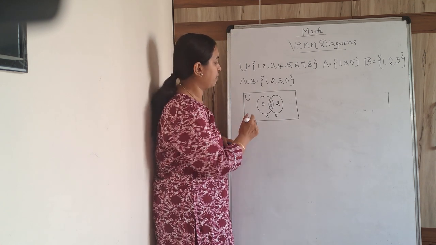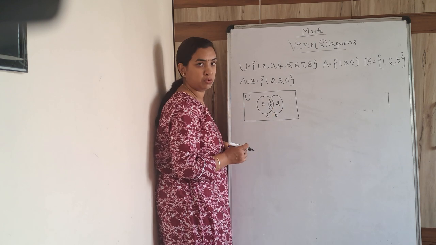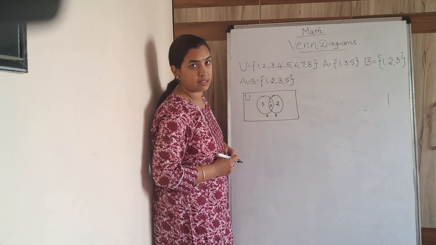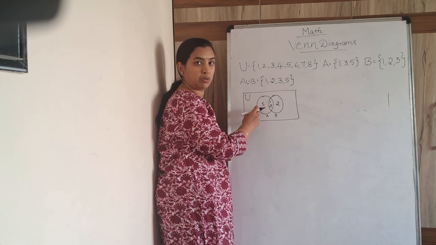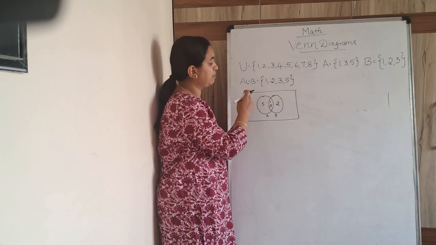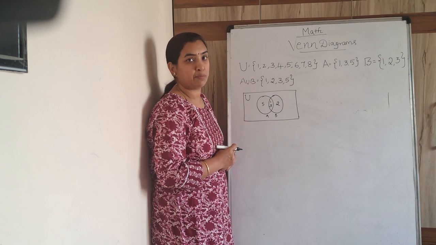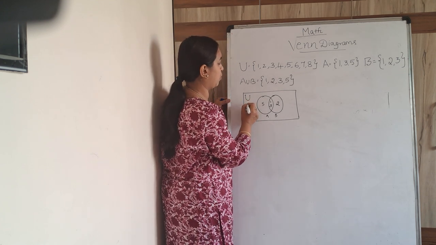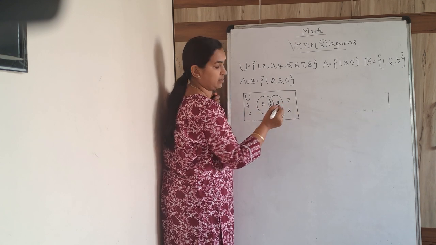See here, I have written the elements 1 and 3 in the junction between the two sets because 1 and 3 are common in both the sets, and the remaining element in A is 5. I have written down 5 here and 2 in the set B. The remaining elements of the universal set, excluding the elements of A and B, can be written here. That is 4, 6, 7, 8.